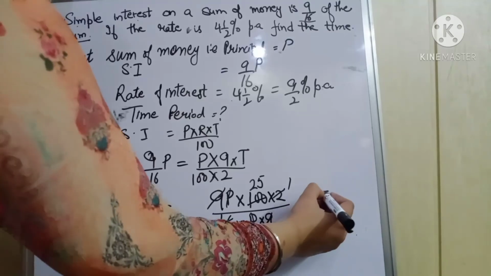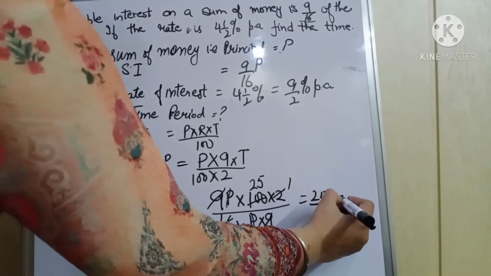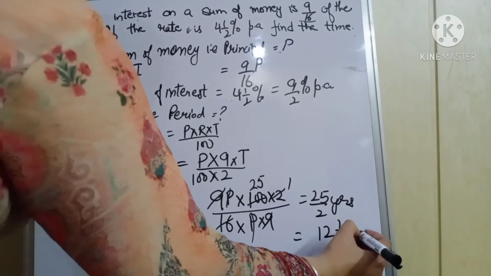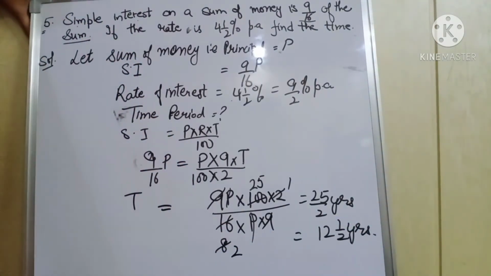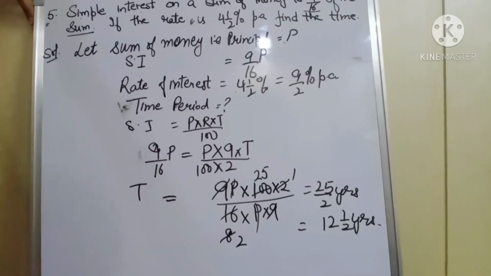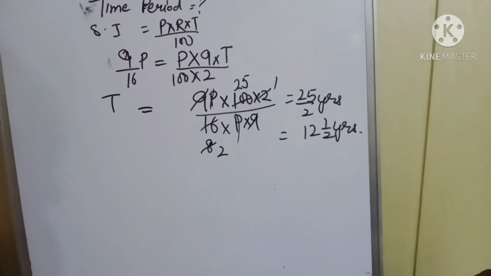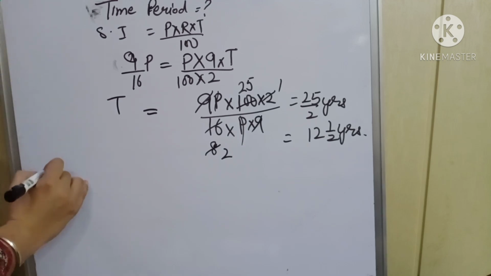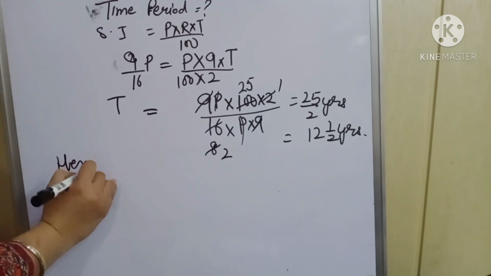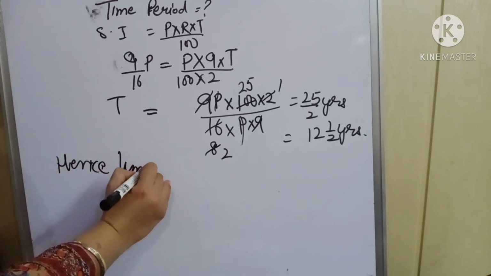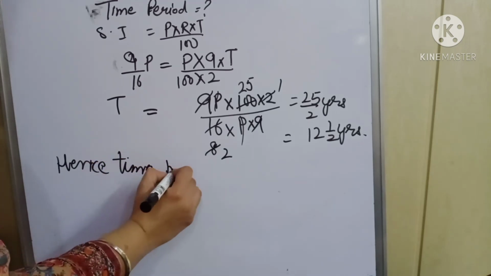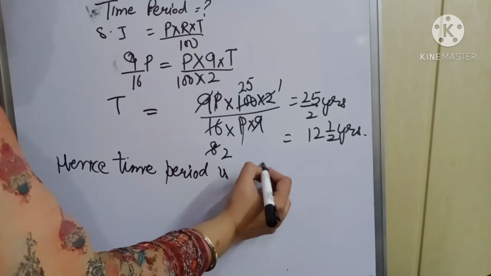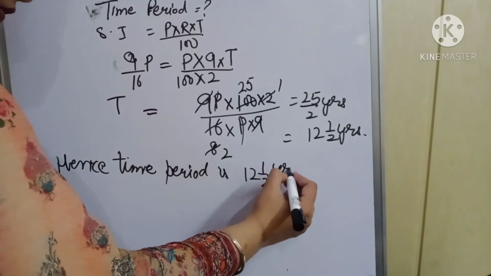That means 25 by 2 years, that is 12 and 1/2 years. Hence, how can you conclude? Time period is 12.5 years.